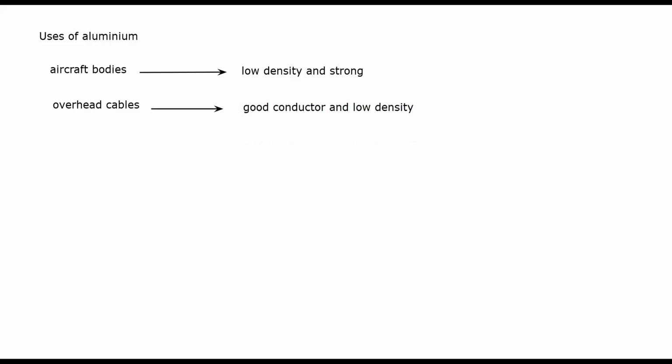We also use aluminium, a very common use for aluminium. You can find food containers made of aluminium. So what could be the reason why we are using aluminium as a food container? Not for cooking purposes, but as a container we are keeping food inside.